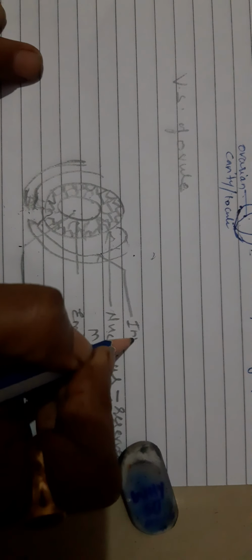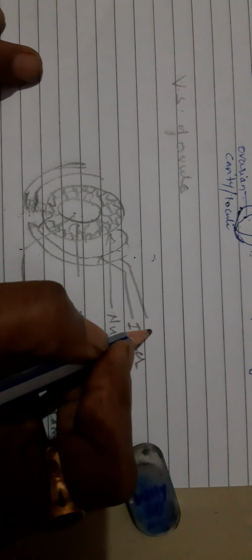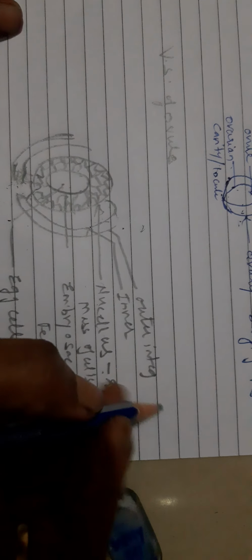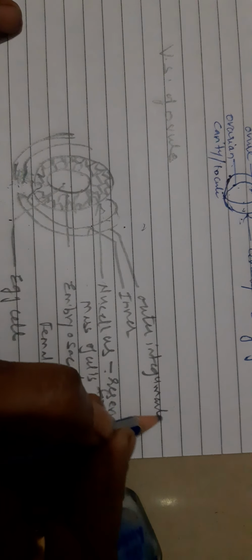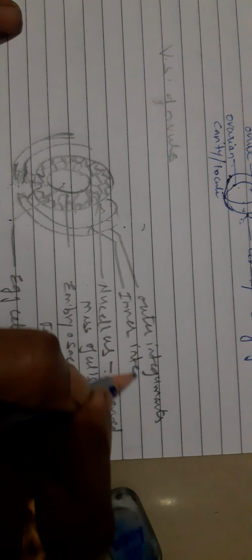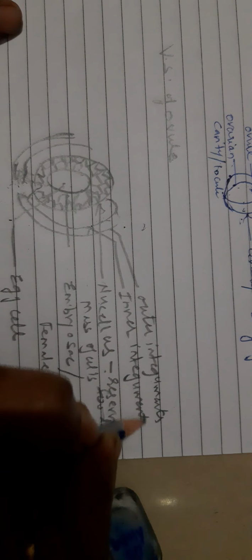So these are the integuments. Inner, and this is outer. After this there is one stalk.